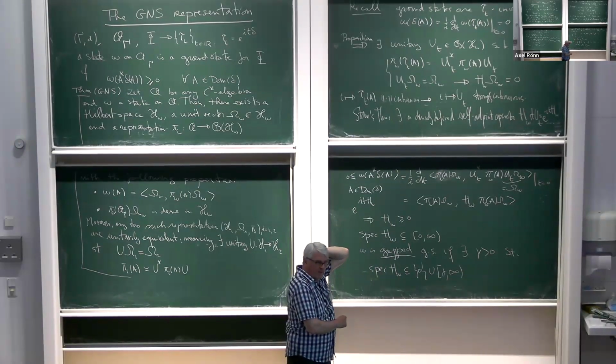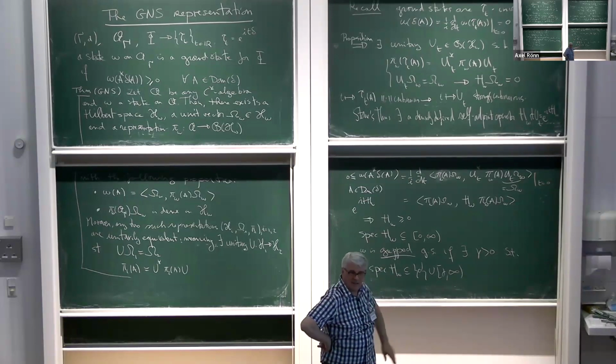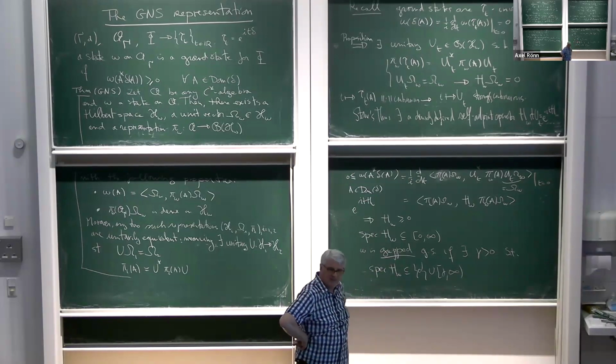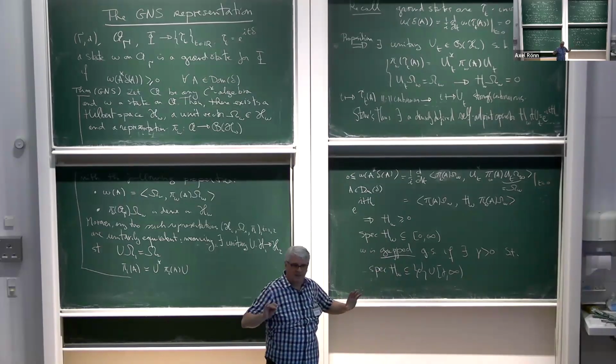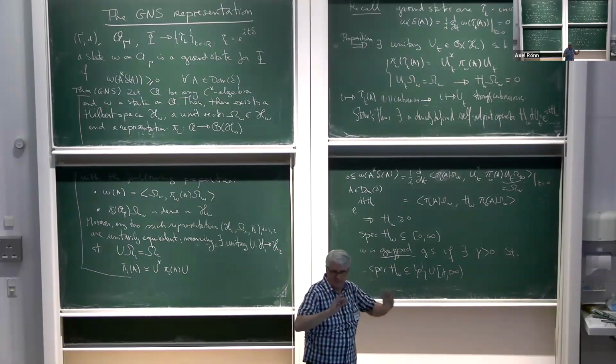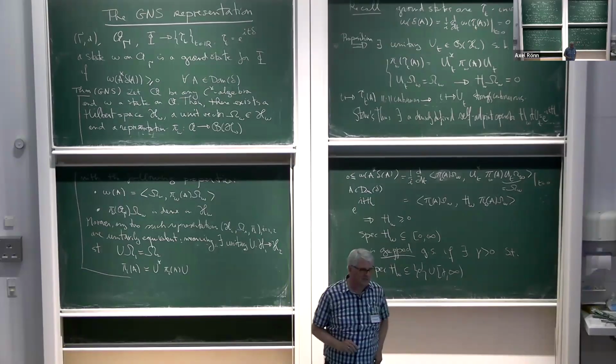If I were to take another vector multiplied by a phase, I have one state here only, so it's not going to matter. One state at a time, yes, you can multiply by a phase and everything is fine.